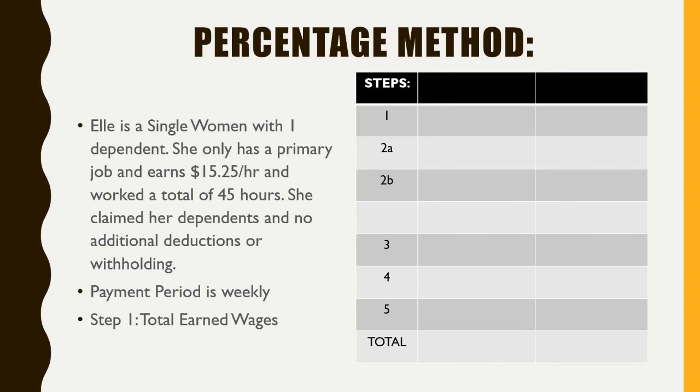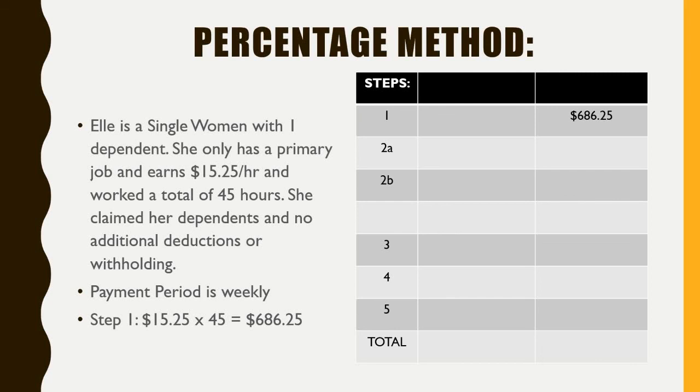So step one, we need to determine how much her gross earnings is if she's on a weekly payroll period, okay? In one week, she worked a total of 45 hours, and she's getting $15.25 an hour. So let's figure out what that calculation is. $15.25 times 45 hours is going to give you a grand total of $686.25.